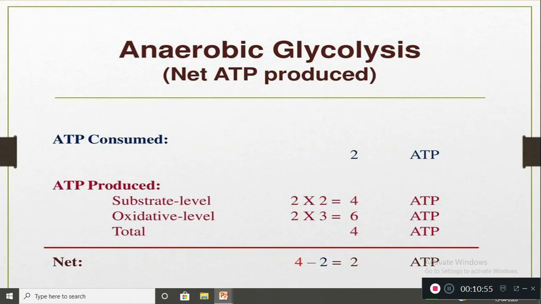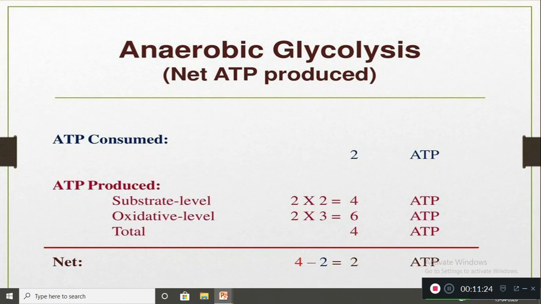So the total is, leaving the NADH, we are having only 4 ATP molecules. This oxidative level is not taking place because it is in anaerobic condition. So we have only 4 ATP molecules. So the net gain is 4 minus 2, that is 2 ATP molecules.